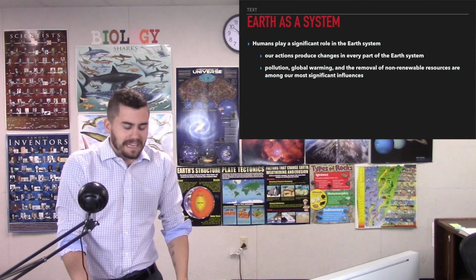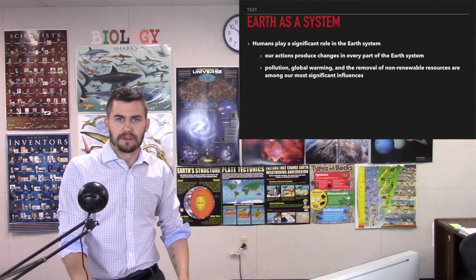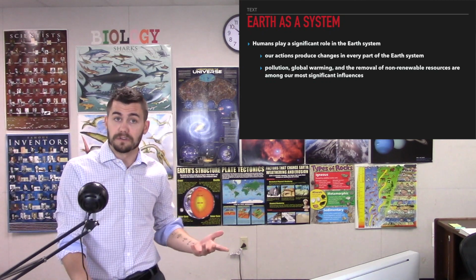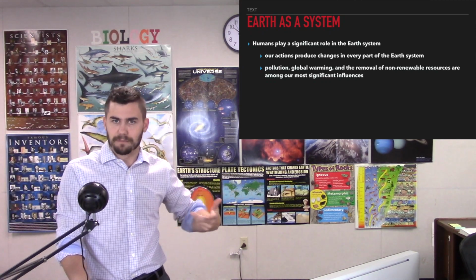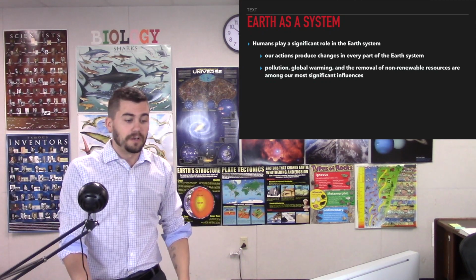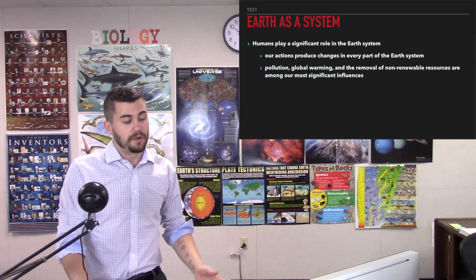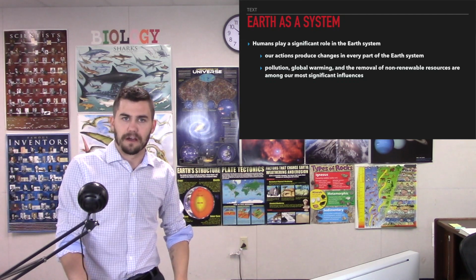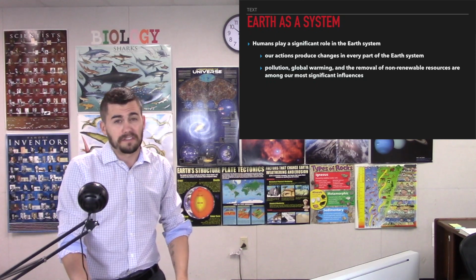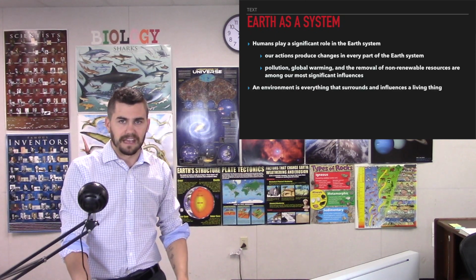So, examples of what we do to cause changes: we pollute because we create plastics and emissions, which contributes to global warming. We take non-renewable resources out of our environment. We also cause species to go extinct on massive scales.